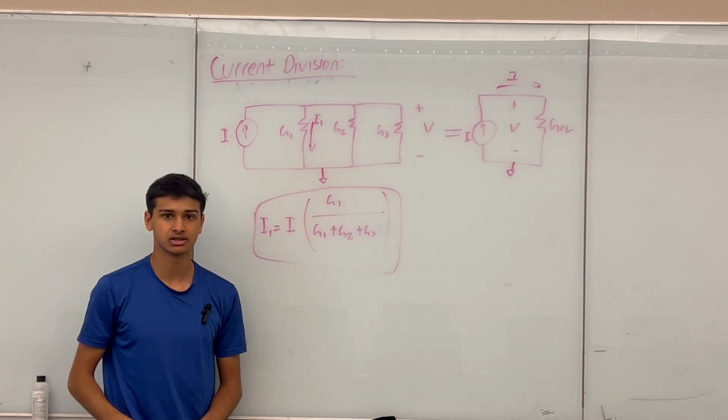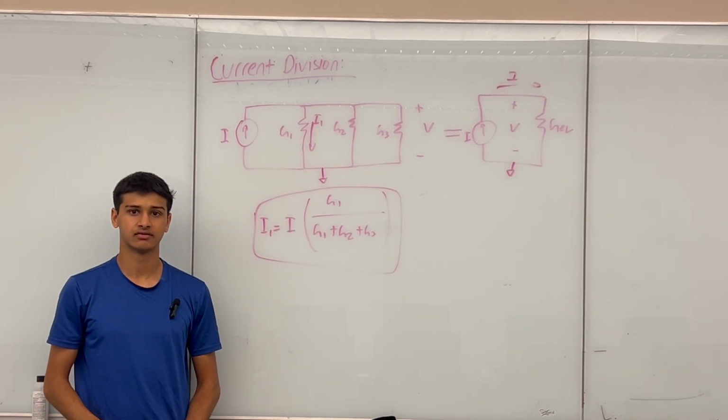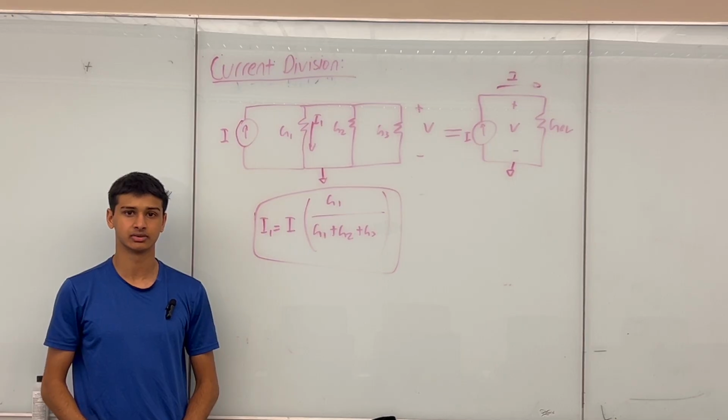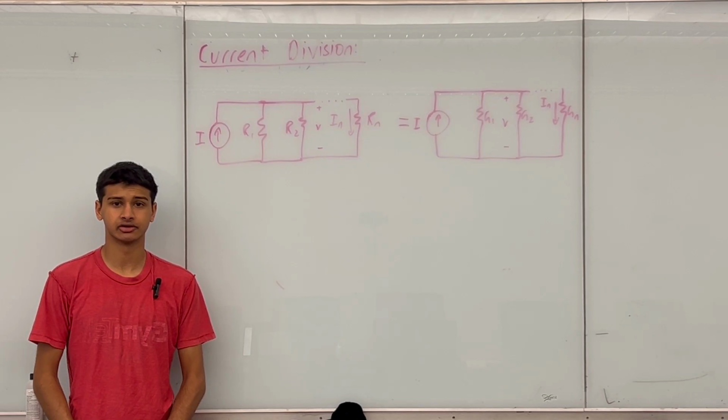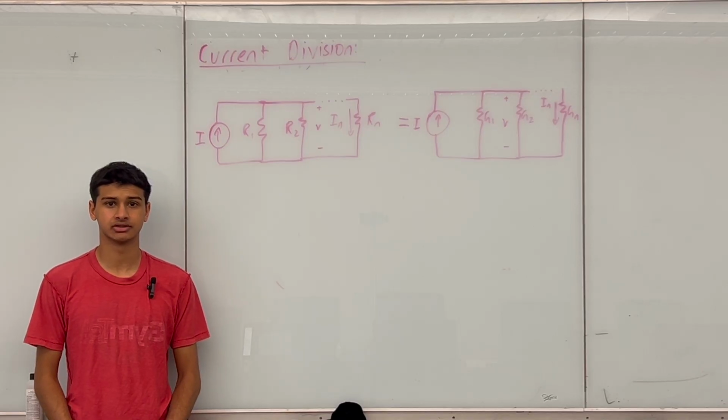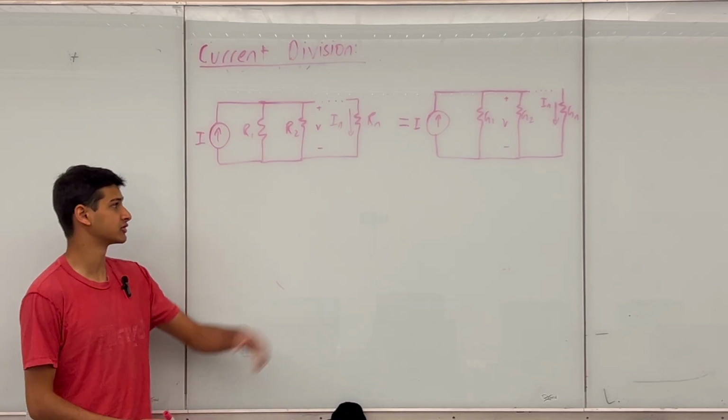The next thing I'm going to be doing is going over the general form for current division using both resistances and conductances. In this part of the video, I'm just going to generalize the formulas for current division for both of these circuits here.